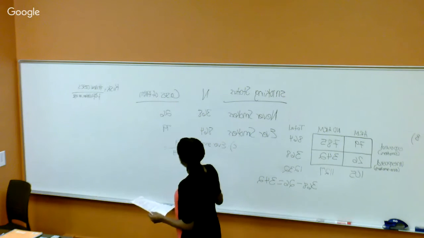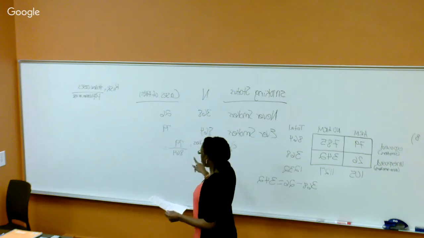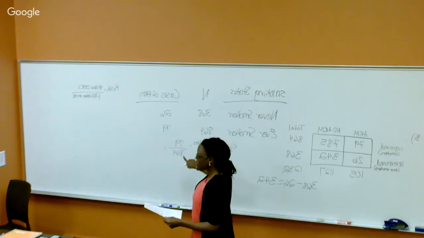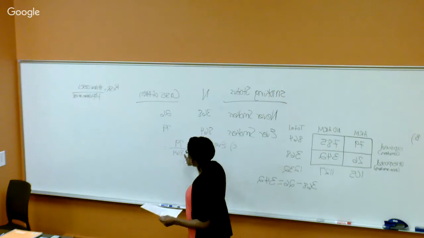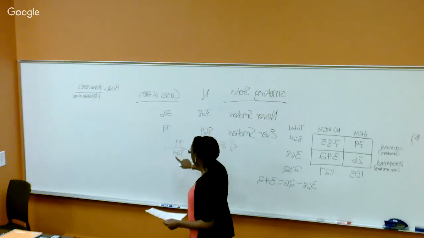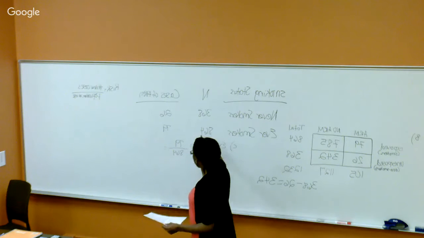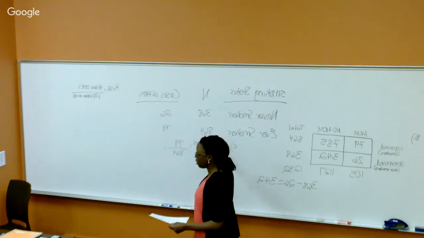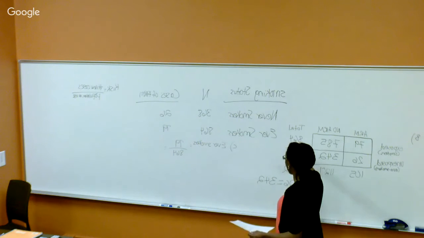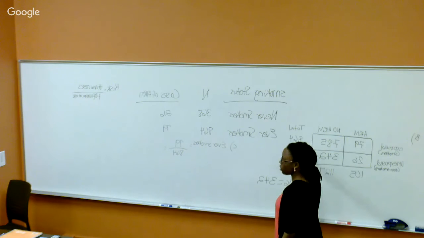Because our population here is all the people that have ever smoked, the 864 was our total number of people that have ever smoked. Because they gave that to us in the beginning. And that's also our marginal total that we put over here from our 2x2 table.